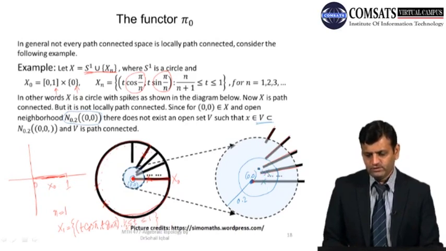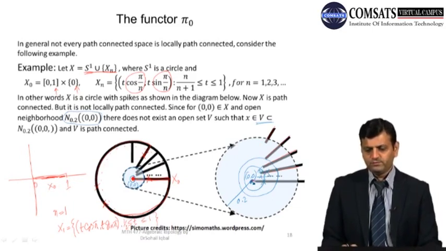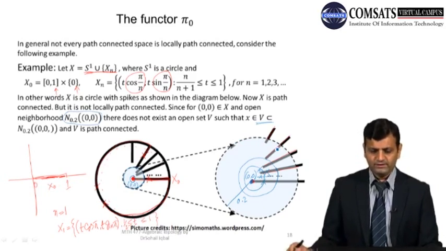Similarly, we can get much closer and there will be other spikes as well. Of course, we can't show all of the spikes, so there will be some other spikes in this set as well, and we can't find a path from this point to, for example, this point. So this neighborhood does not contain an open set which is path connected.